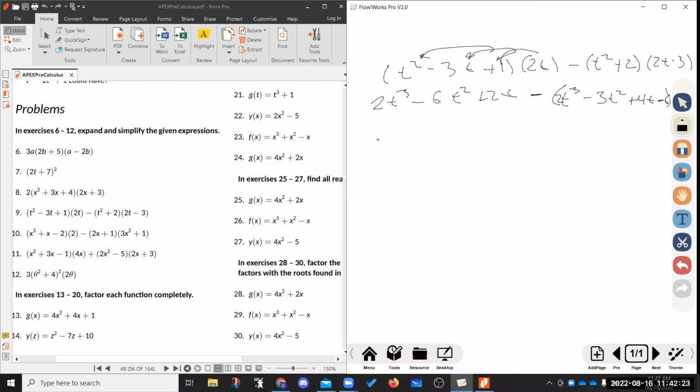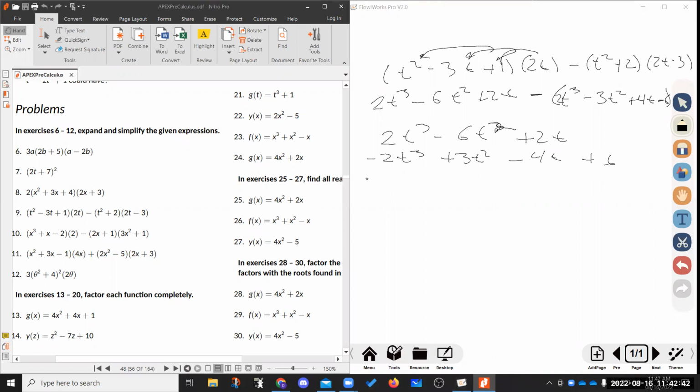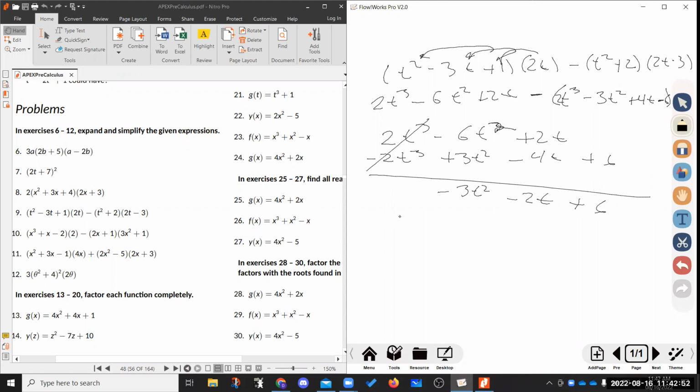It's on the inside. Remember, all the signs have to change. So this is 2t to the third minus 6t squared plus 2t minus 2t to the third plus 3t squared minus 4t plus 6. And there we go. Negative 3t squared minus 2t plus 6.